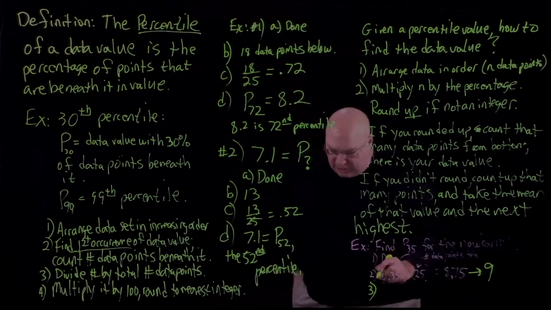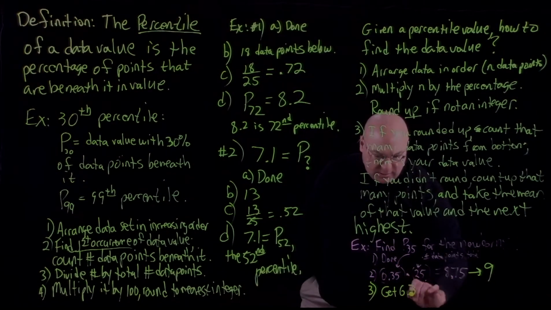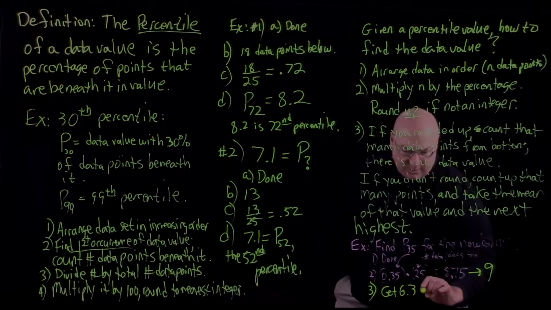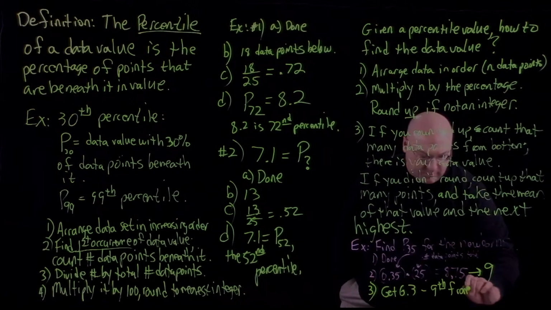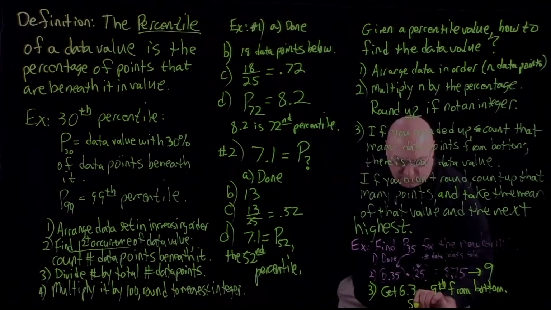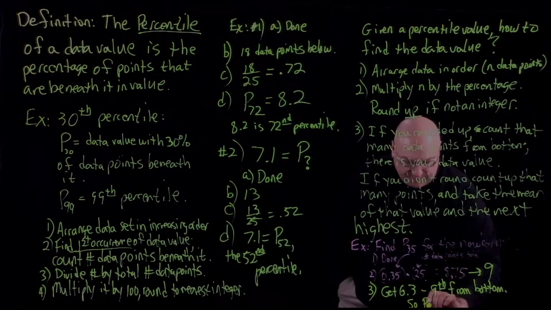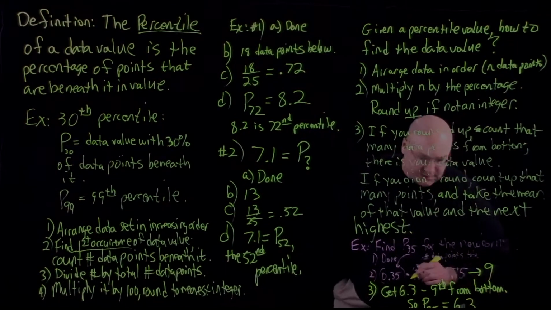And if you do that, you get 6.3. That's the 9th from the bottom. So we were asked to find P sub 35 in this data set, and the answer is 6.3.